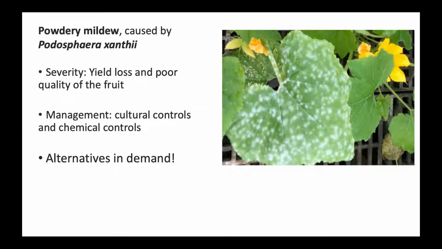Fungicide application is still the principal practice, but with negative effects on the environment, and it's expensive for farmers. The pathogen also can develop resistance rapidly and limit the effectiveness of fungicides.